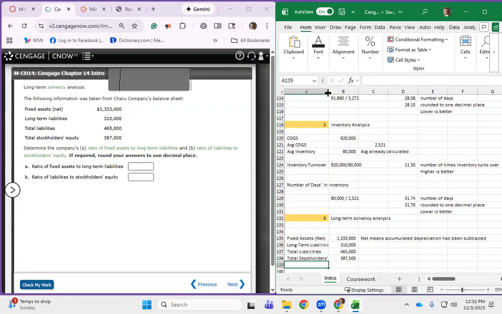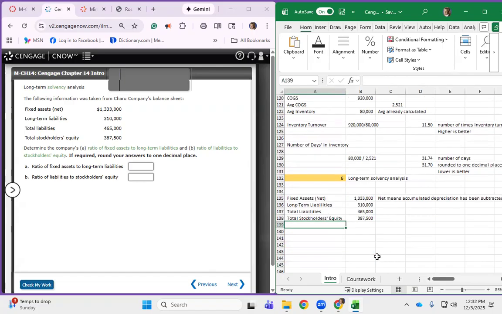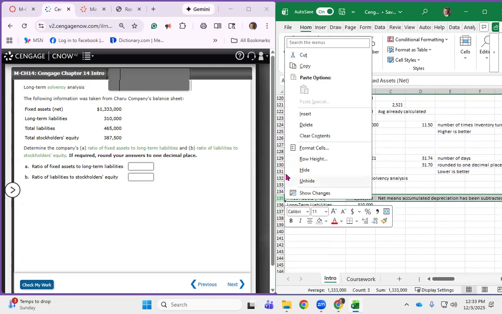All right, so I'm going to scoot this over just a little bit so we can see all of this. Okay, so let's go find the ratio of fixed assets to long-term liabilities, the ratio of liabilities to stockholders' equity. Anytime you see the word ratio, ratio is a division problem.